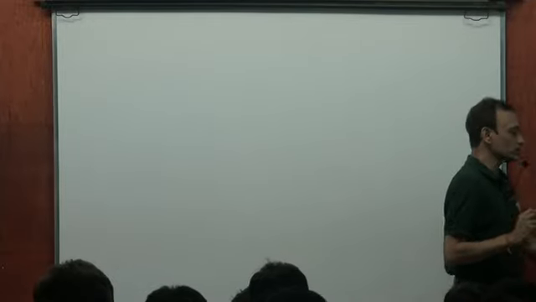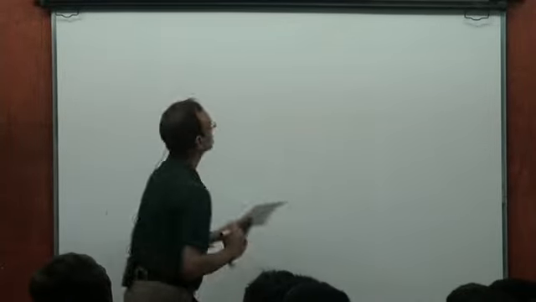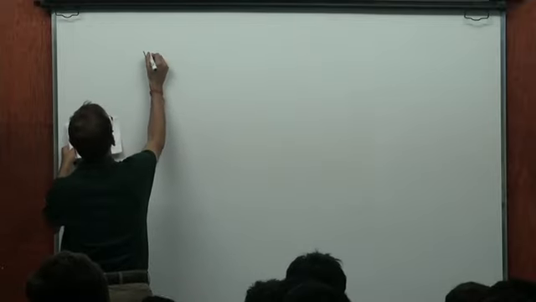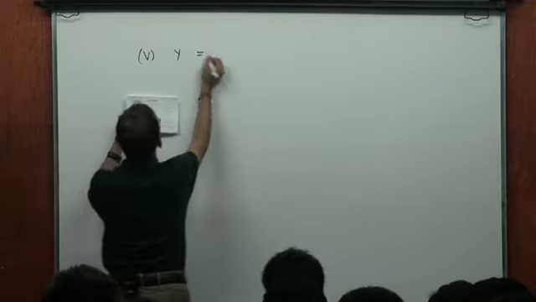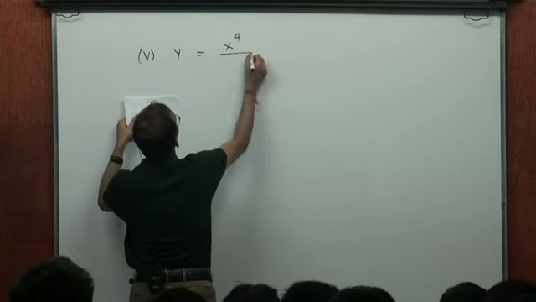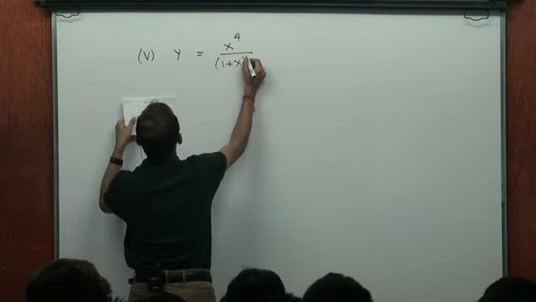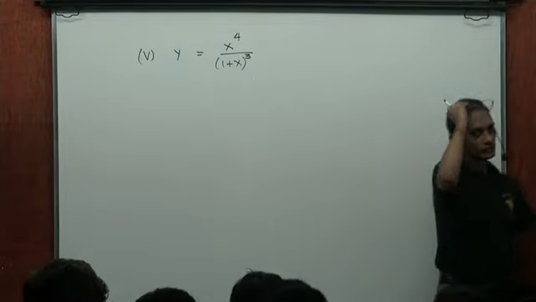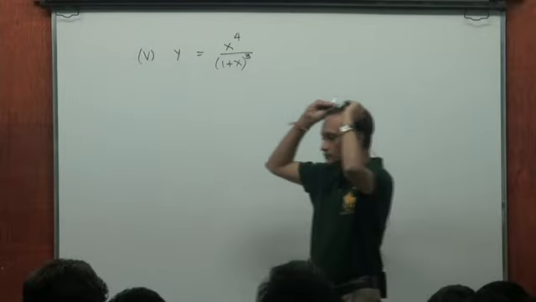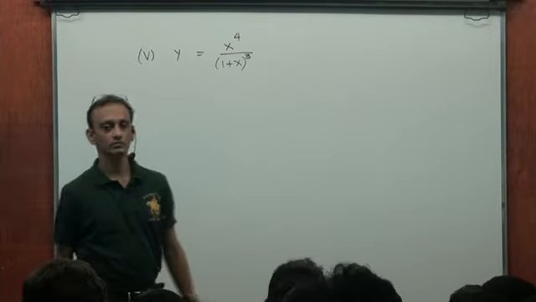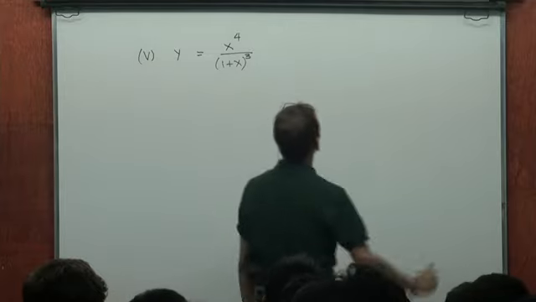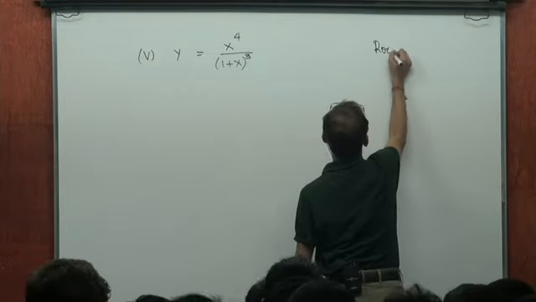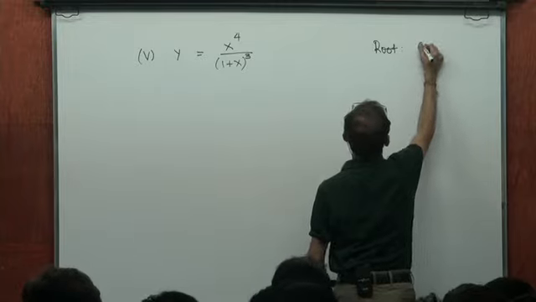Let's start looking at some of the rest of the curves. y equal to x to the power 4 by (1 plus x) whole cubed. All right. Do you see some roots here? 0 is a root, repeated 4 times.